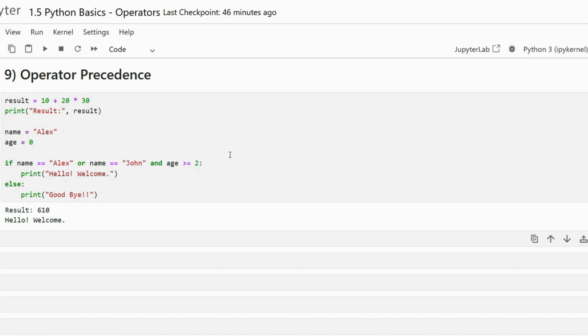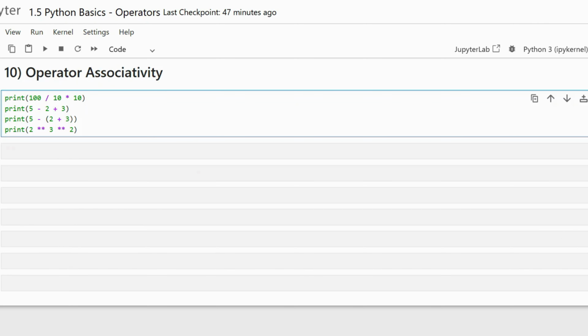Here in the second example, AND has higher precedence than OR. Python takes into condition if the name is Alex or if the name is John and the age is at least 2. So now Python immediately prints hello welcome, taking the name as Alex.